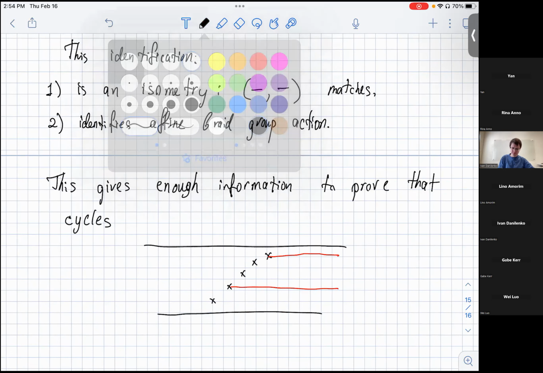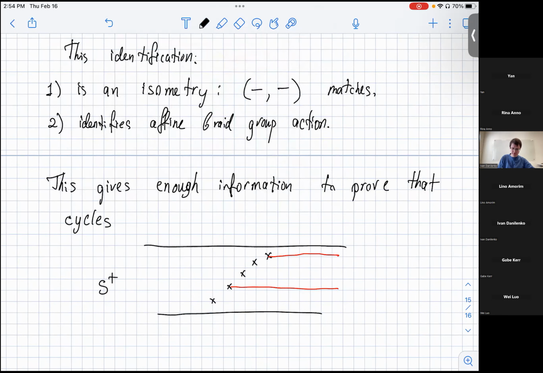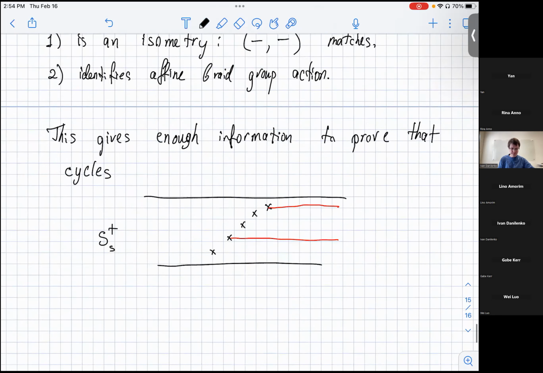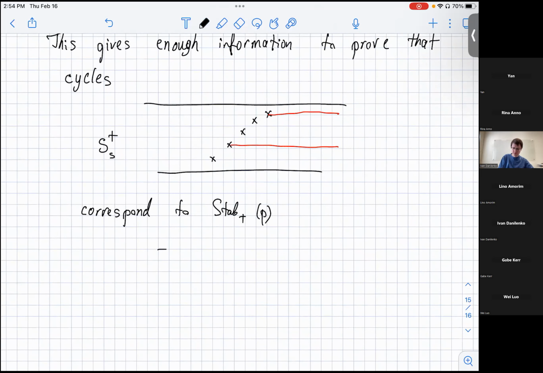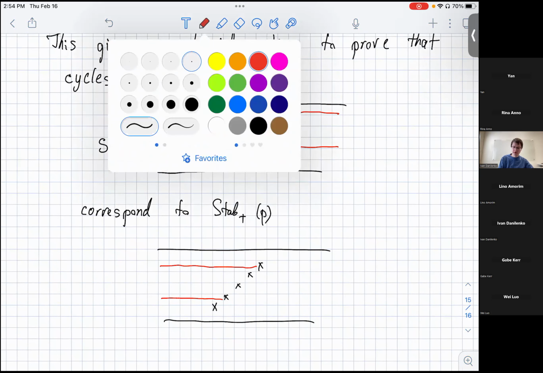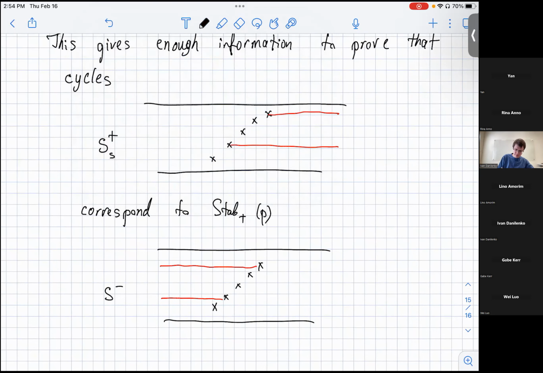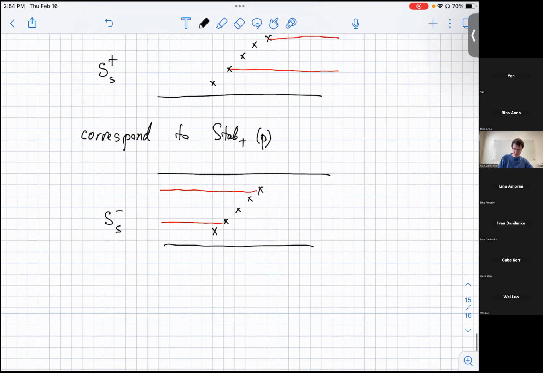So that will be the S plus of a certain subset, corresponding to the stable envelope plus of a point. And if I go to the other infinity, to 0 in this picture, that will be the minus stable envelope. Stable envelope minus corresponds.